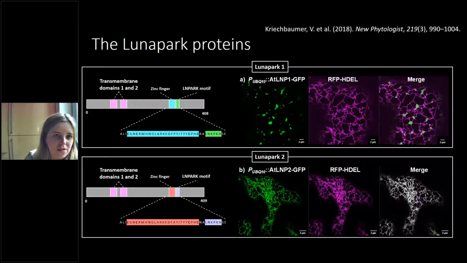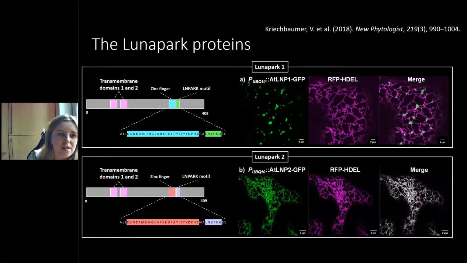So moving on to the Lunapark protein families. The Lunapark proteins are my particular babies, and of the two of them, my extra favorite is Lunapark 1, only because Lunapark 1 marks cisternae specifically. It's the first protein we found that's able to differentiate between cisternae and the rest of the ER network.